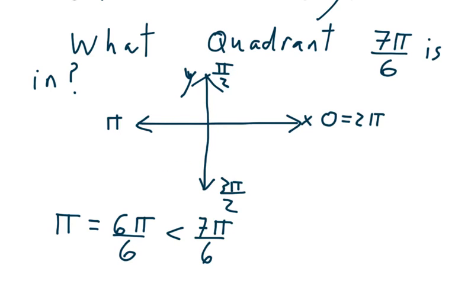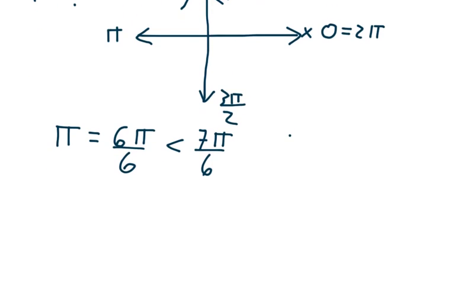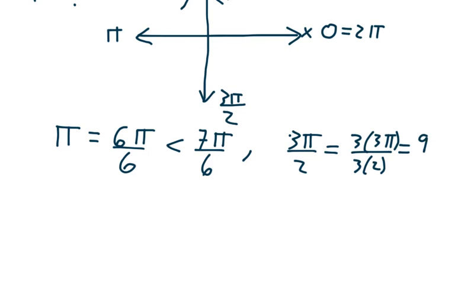Well, let's see how it compares with 3 pi over 2. That's the same as 3 times 3 pi over 3 times 2. So we're rewriting 3 pi over 2 with denominator 6. We get 9 pi over 6.